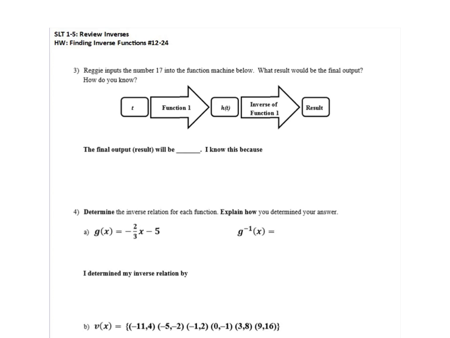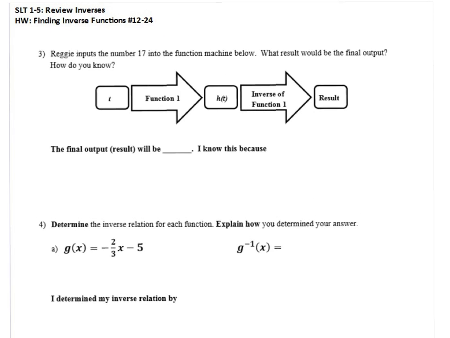Okay, so for number 3, Reggie inputs the number 17 into the function machine. What would the final output result be? How do you know? Okay, so what they're telling us here is if we put in 17, we get some value, then we take that value into the inverse, what are we going to get? So the final output result will be 17.